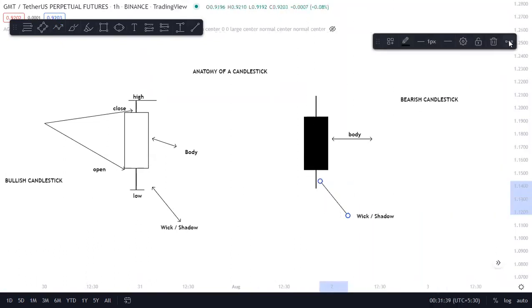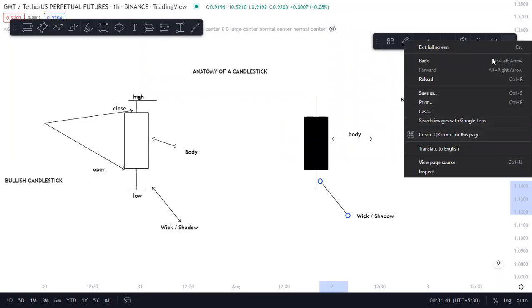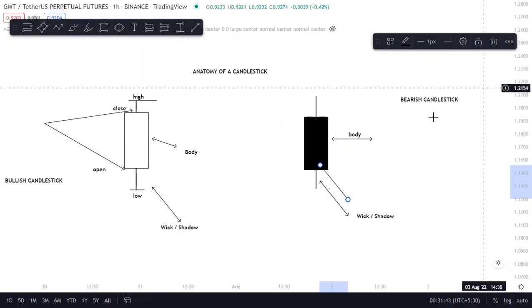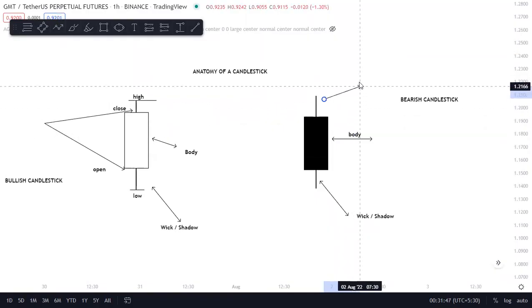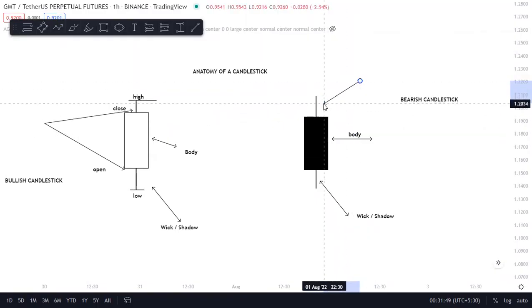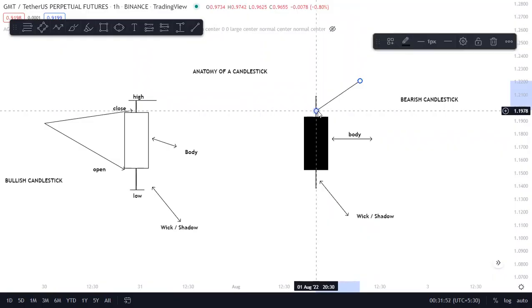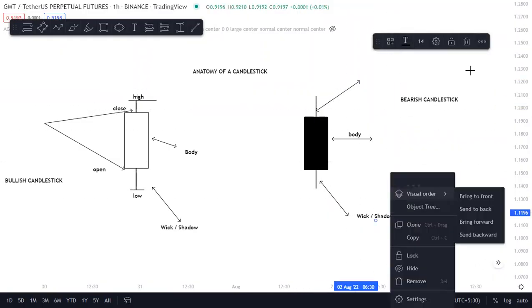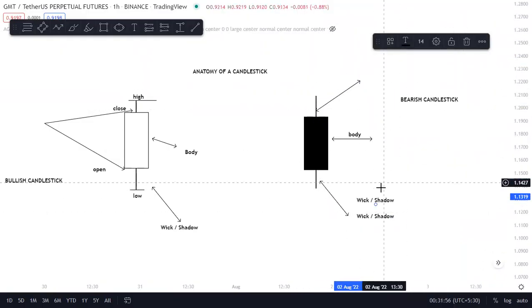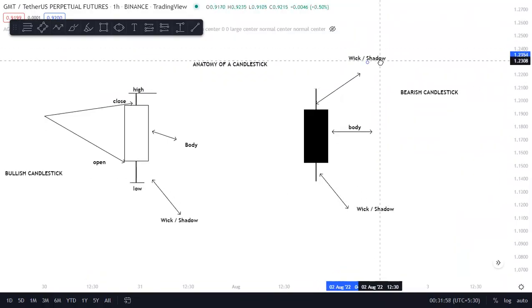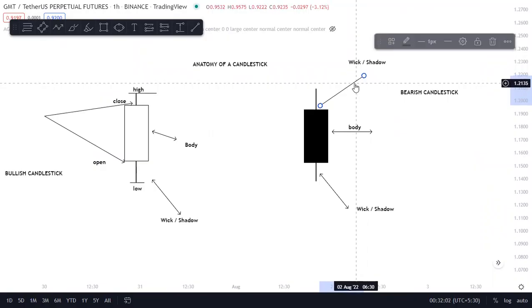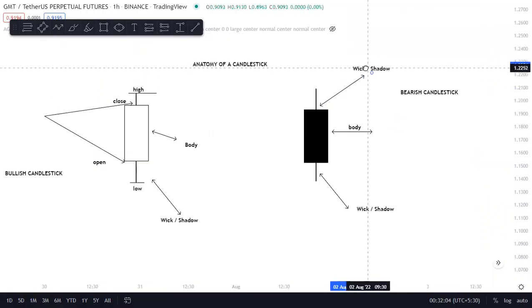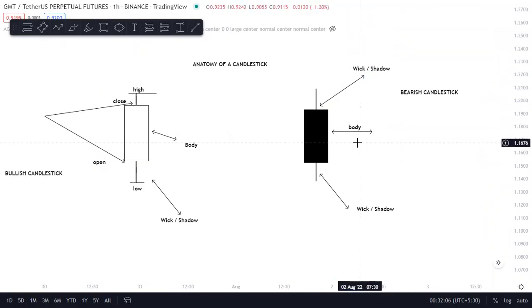This is still the wick or shadow, right? This thing is still the wick or shadow. So you can call it wick or you call it shadow. Anyone, it's the same thing.